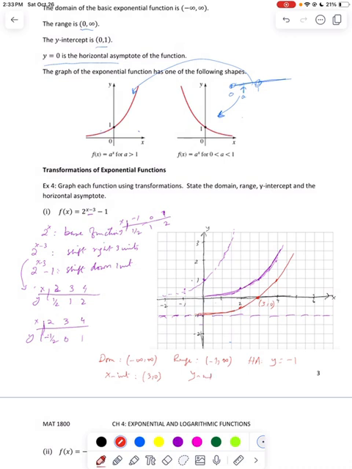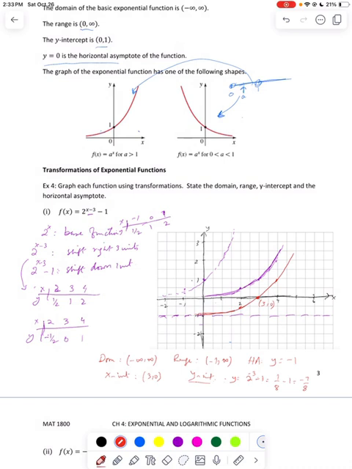So y-intercept will be y equals 2 raised to the power 0 minus 3, or 2 to the negative 3, plus minus 1. So 2 to the negative 3 will be 1 over 8 minus 1, or we can say minus 7 over 8. So this is something very close to negative 1 but greater than negative 1.